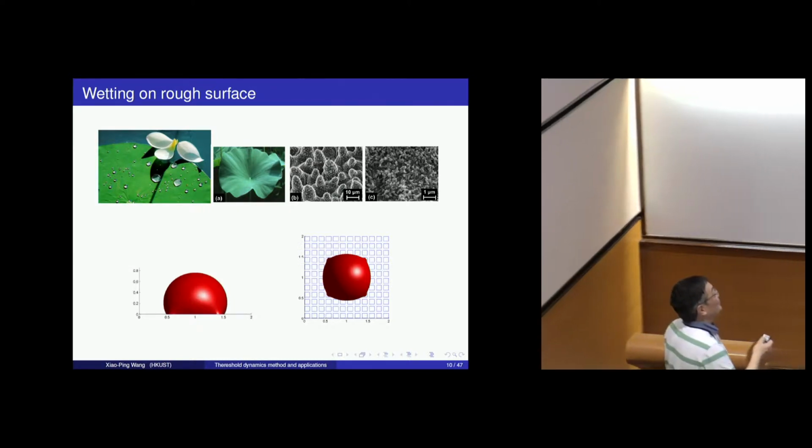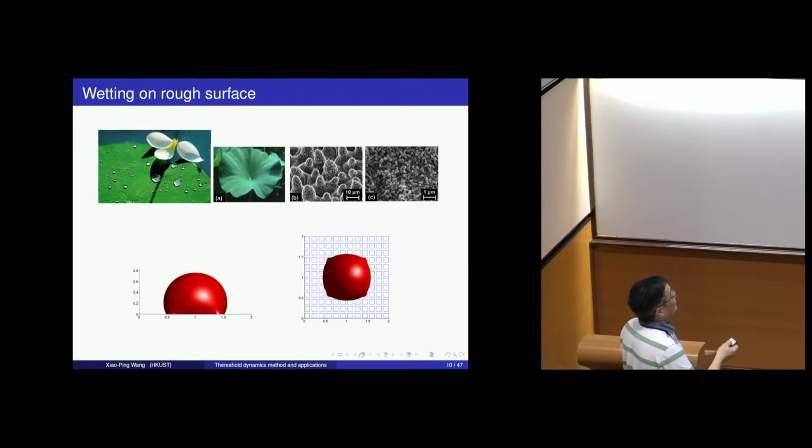This morning we saw a lot of experiments. So you want to look at the behavior of a drop on superhydrophobic surfaces. As we can see, the surface actually has a very rough structure.